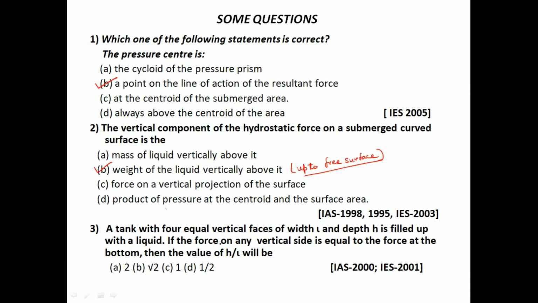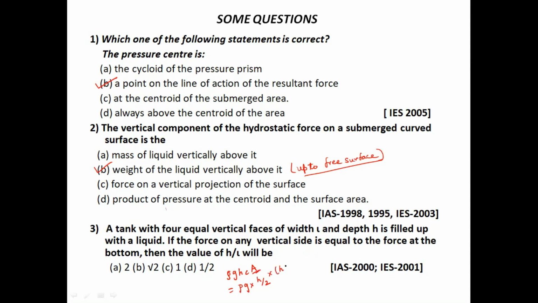If you write down the force over the vertical surface, the formula is rho g hc into A. So how much depth is it? The depth is H by 2 because it is filled up to H. And what is the area of this vertical surface?